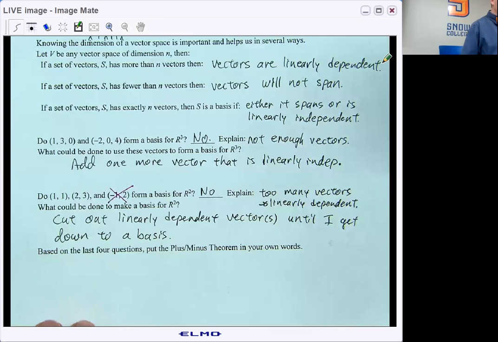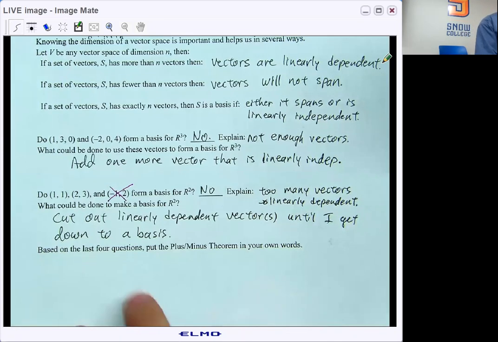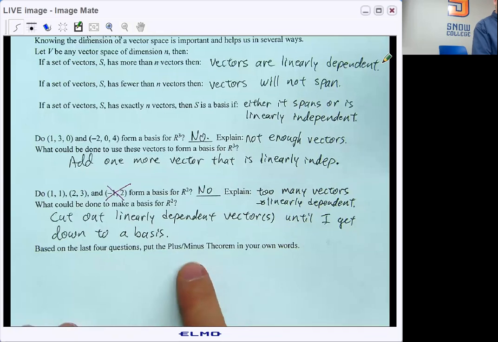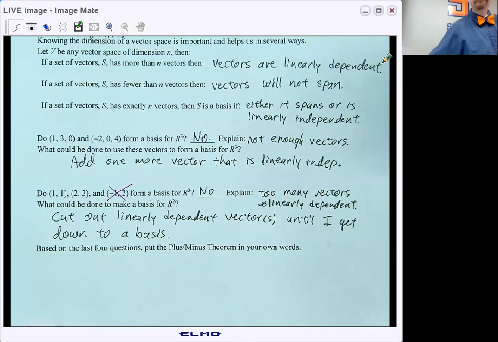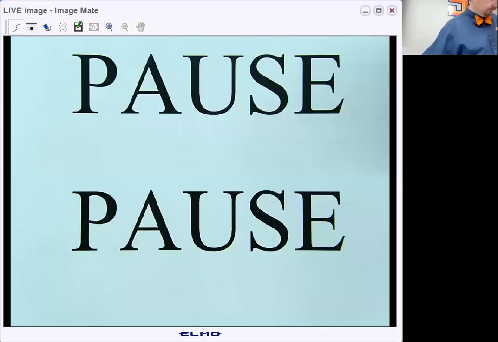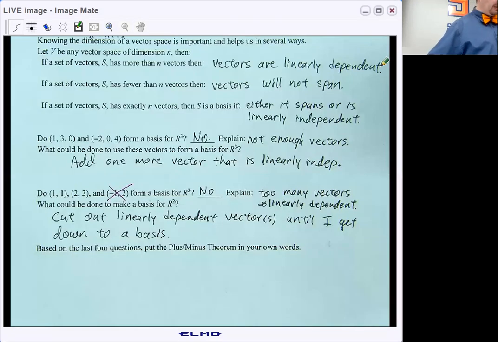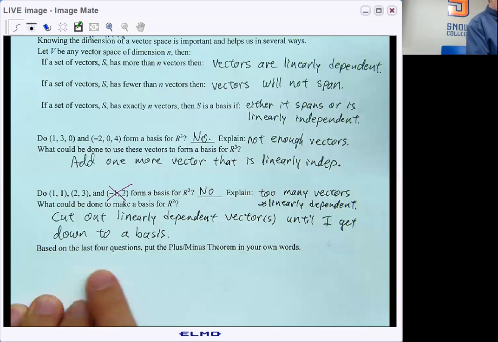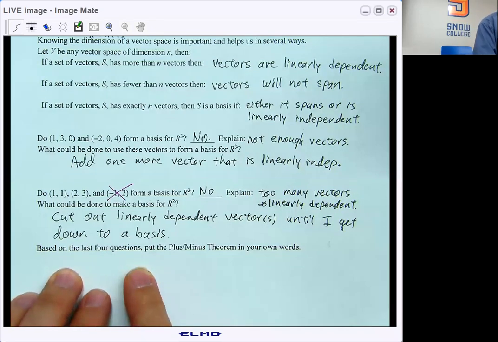Okay. Based on these examples, I want you to put the plus minus theorem in your own words. In essence, if we have a set of vectors that spans but is not a basis, since it spans, that means it has enough vectors, and if it's not a basis, then it has unnecessary vectors.